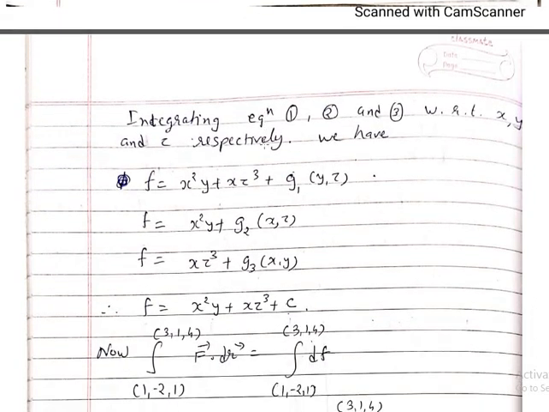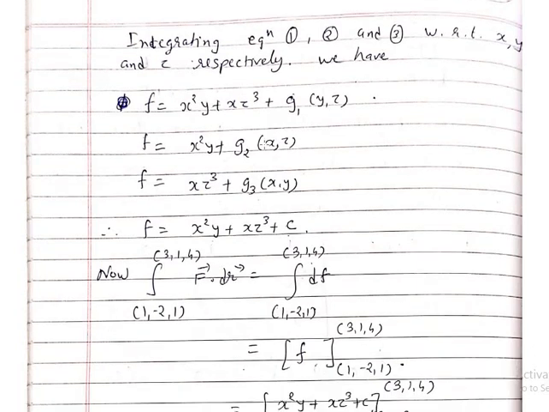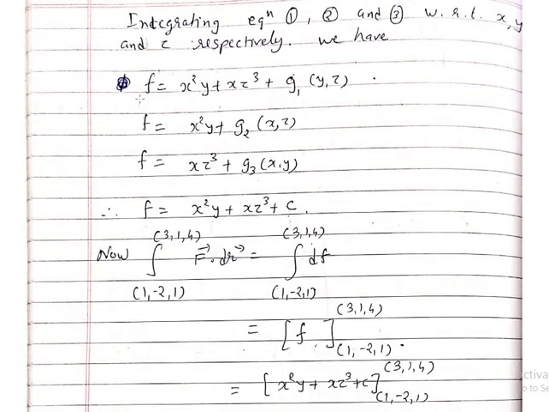Now, using these three, we are going to write down one simple function f. For that, we write down each term once, no repetition allowed. The first one gives x square y plus xz cube. From the second one you have x square y, which is already here.